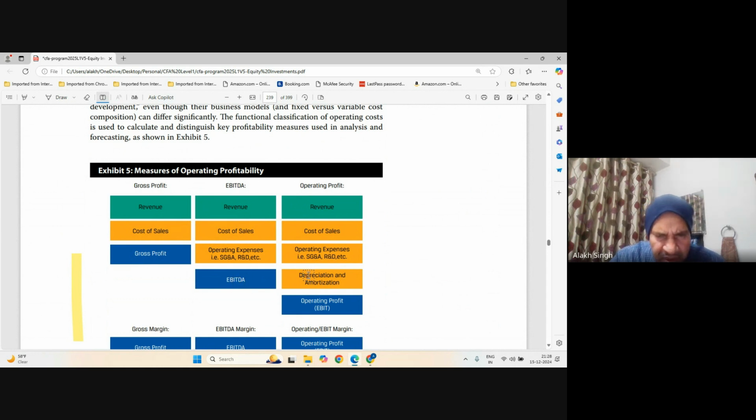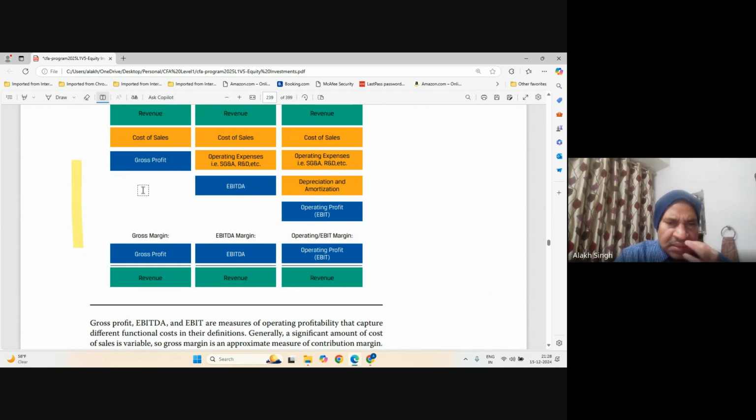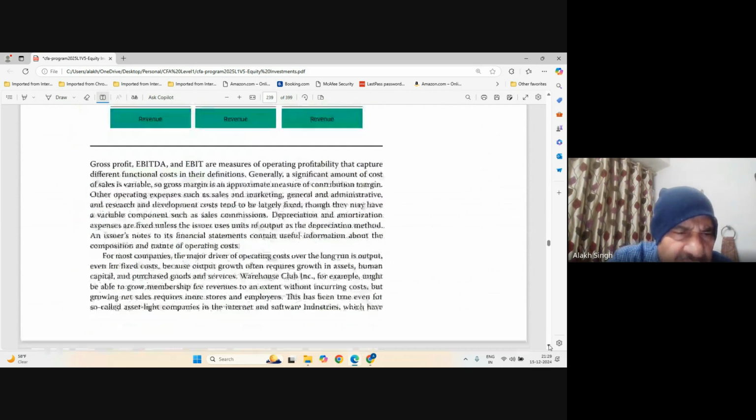And from here, if we deduct DA, depreciation and amortization, then we get EBIT. This we did right now. So this one is a measure of operating profitability. Means we can calculate gross profit margin, EBITDA profit margin, and EBIT profit margin or operating profit margin. So same thing that we did in financial statements.